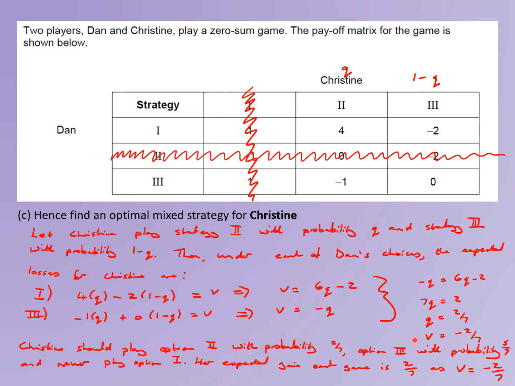That's the 1 minus Q. You also need to say that she should never play option 1. You would then say that her expected gain is 2/7. Remember that a value of -2/7 means that Dan is losing 2/7, so Christine is winning 2/7. This is because V is -2/7.